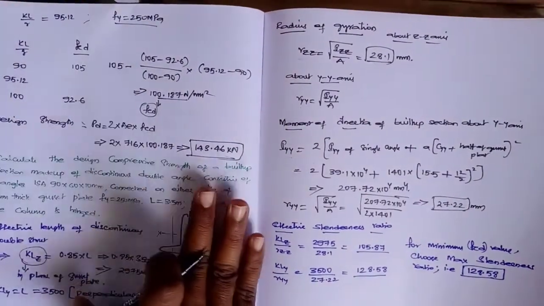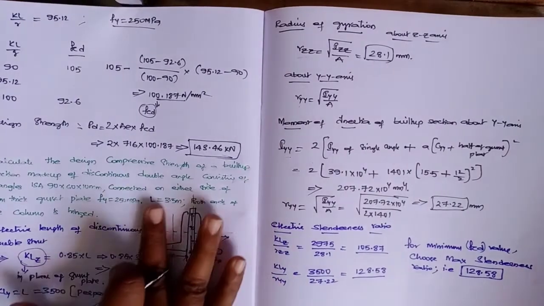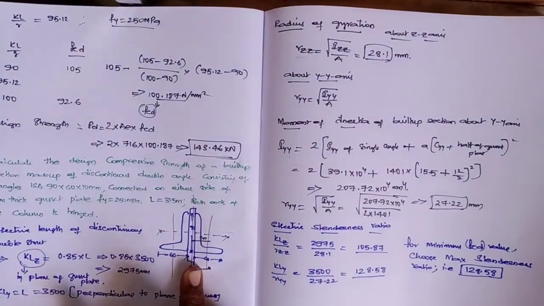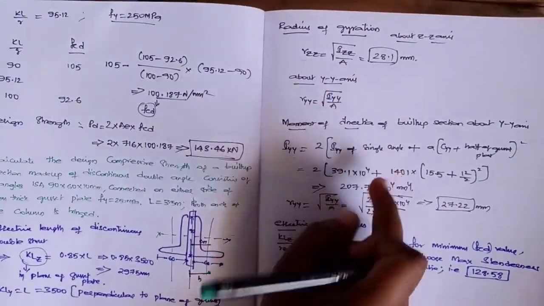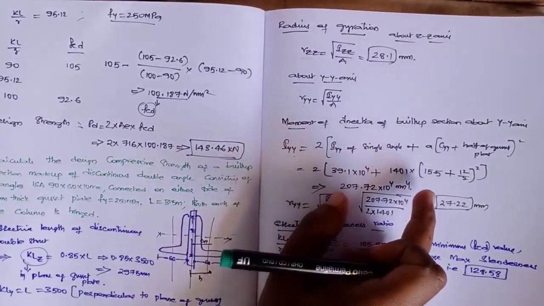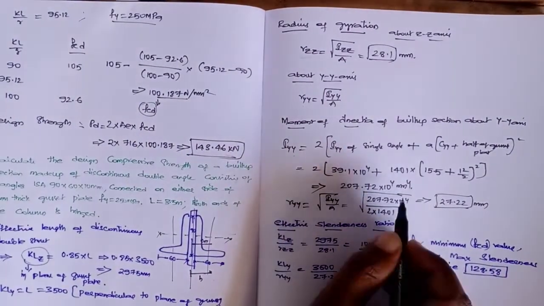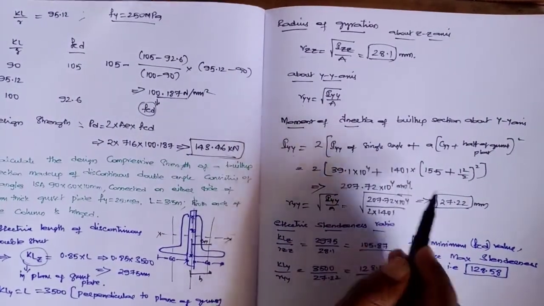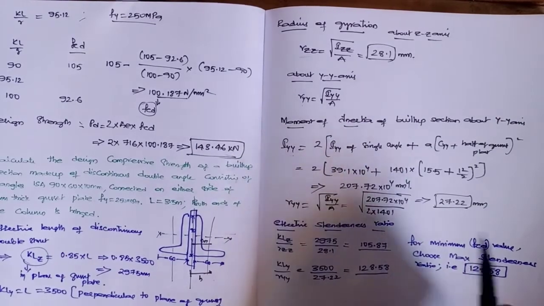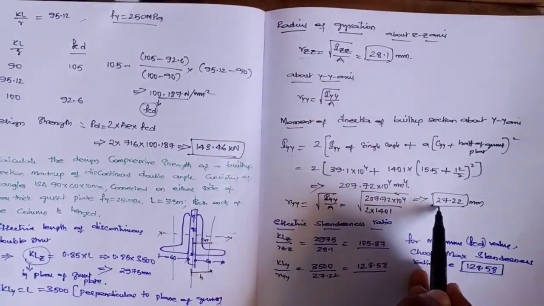If I only consider this angle section, the IYY is like this, and if I consider the whole section, the IYY is different, whereas for the x-axis, that is the reason. So all these are not new for this subject, this concept is already dealt in your engineering mechanics. If you have any doubt regarding this one, you can refer to your engineering mechanics textbook. After that you have calculated RYY.